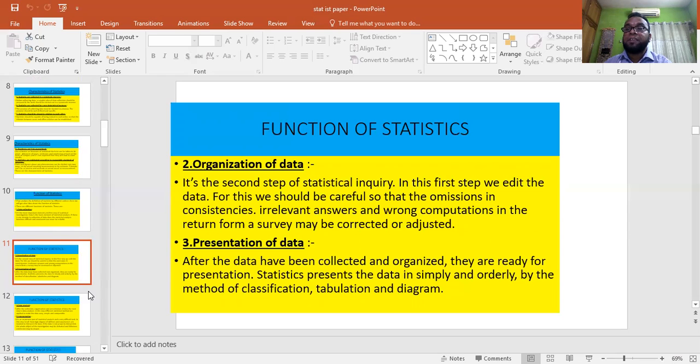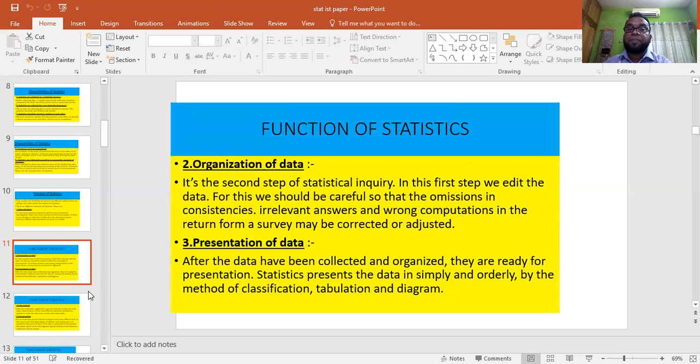So if any wrong or irrelevant data is collected, there is scope to edit and organize the data. Irrelevant data should be omitted.